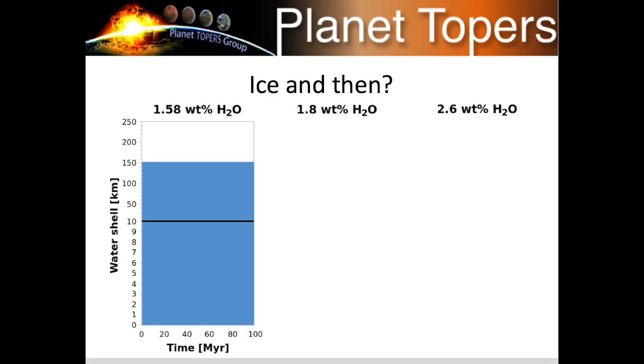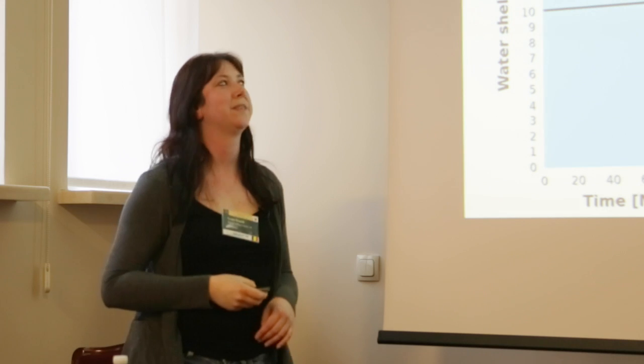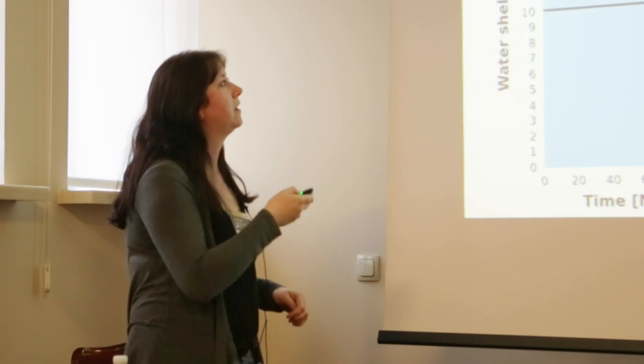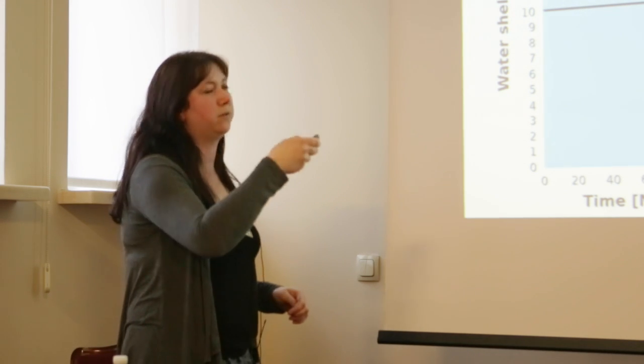Here are now three examples of simulations that we have done for a planet of 1 Earth mass and 1 Earth radius, with different amounts of water, in weight percent, on top of the planet. For example, if you have 1.58 weight percent of water for an Earth-like surface temperature, we have an entirely liquid water layer.